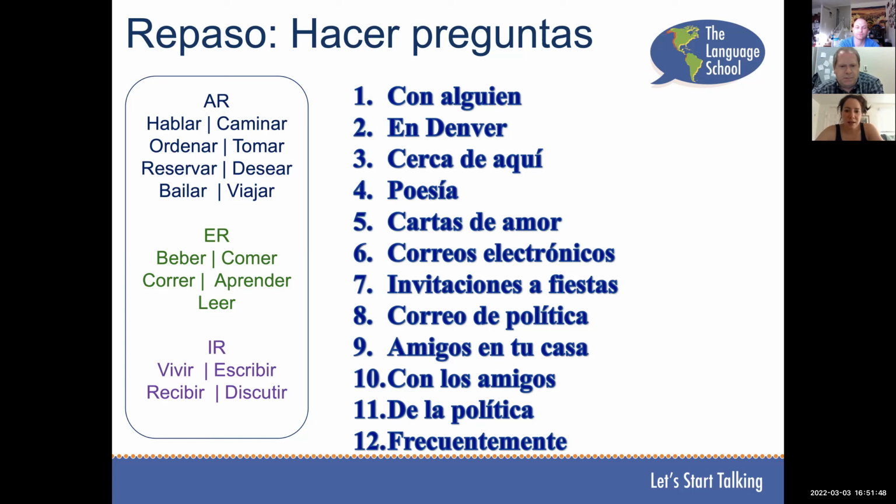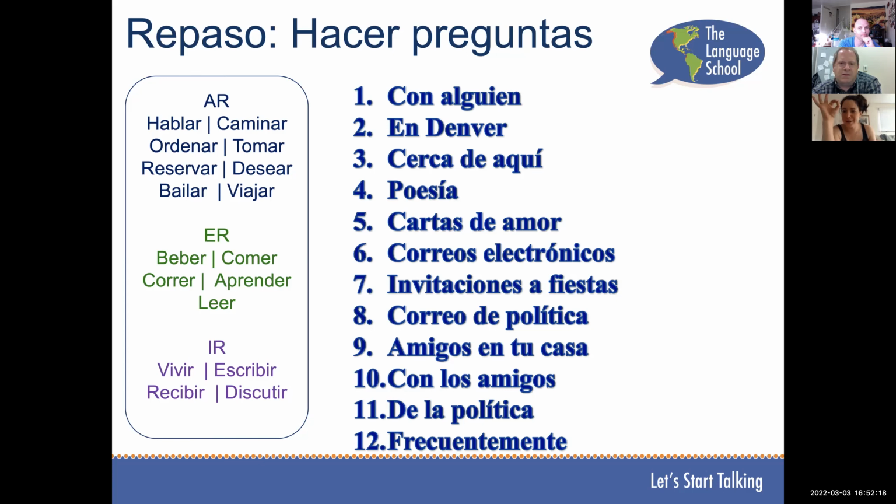¿Tú lees poesía? No leo poesía. ¿Tú escribes cartas de amor? No, yo no escribo cartas de amor.